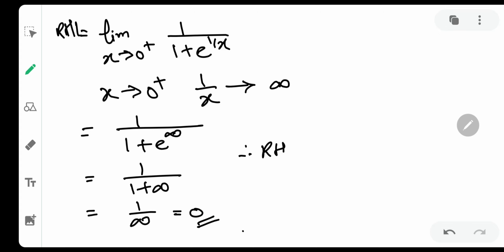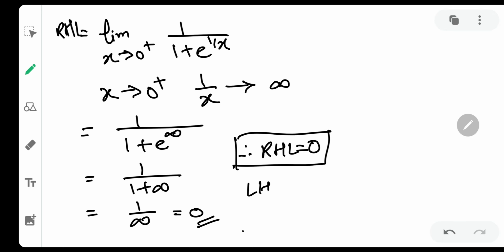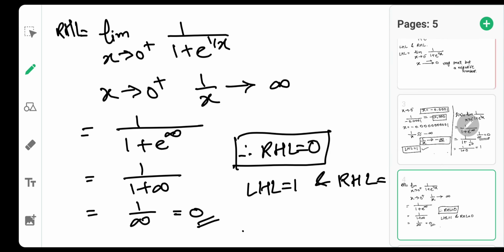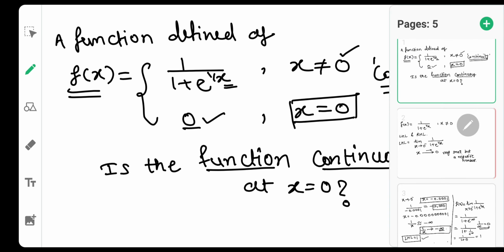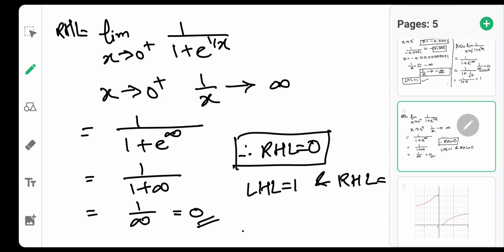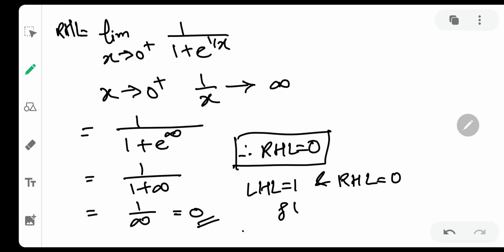Therefore your RHL is equal to 0. So till now we have LHL as 1 and RHL as 0, and they had also given us f of 0 to be 0. So we can say that f of 0 is equal to 0.